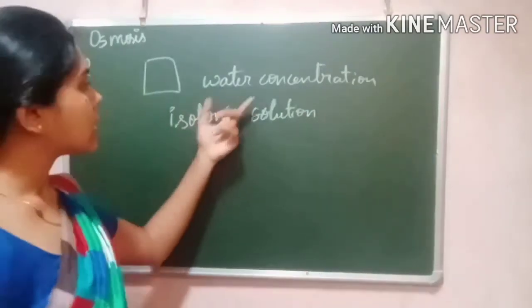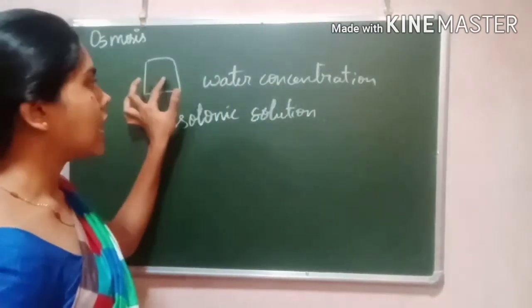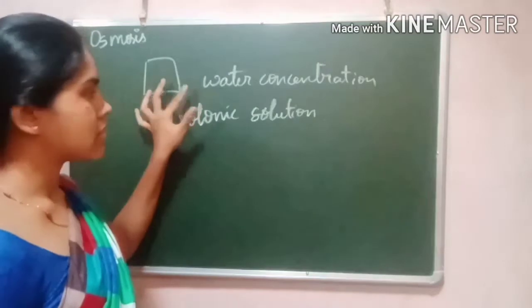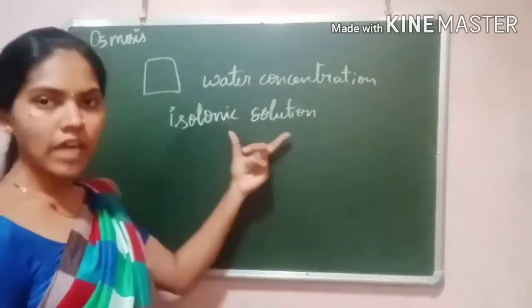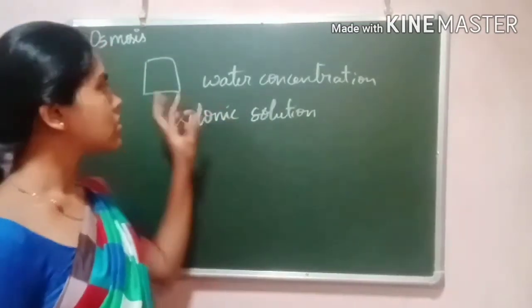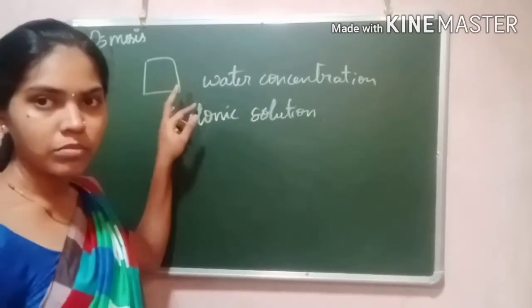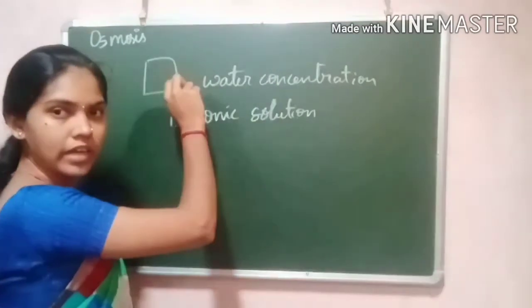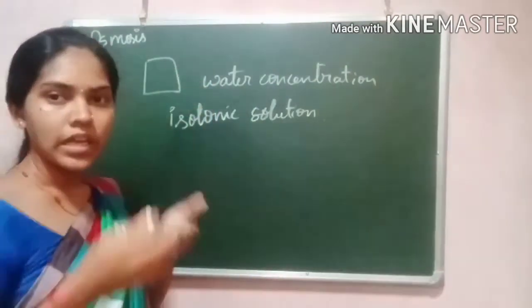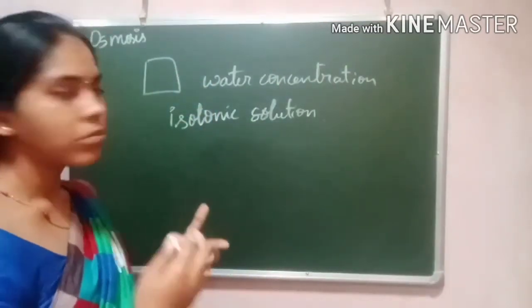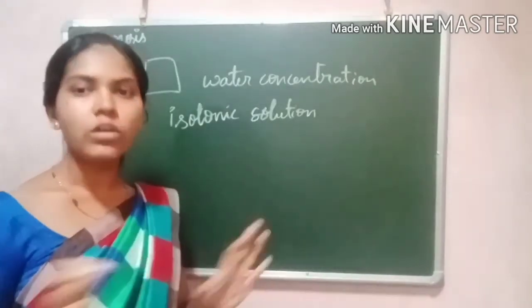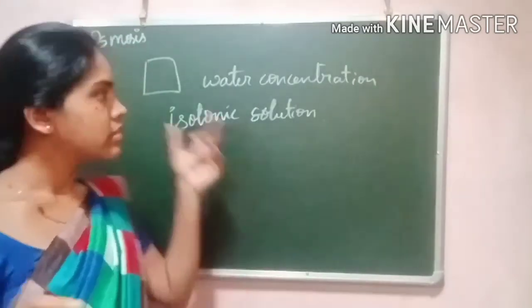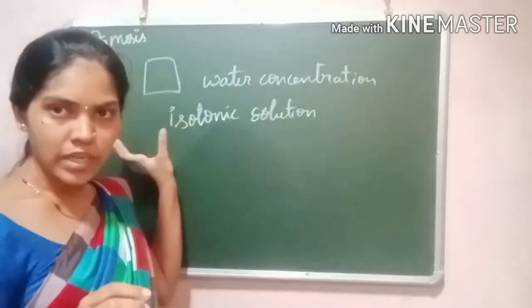Whenever the concentration of water in and outside the cell remains the same, that solution is known as isotonic solution, because there is no net movement of water molecules. There is a movement of water molecules in and outside, but the net movement will remain the same. There is no change in the size of the cell.